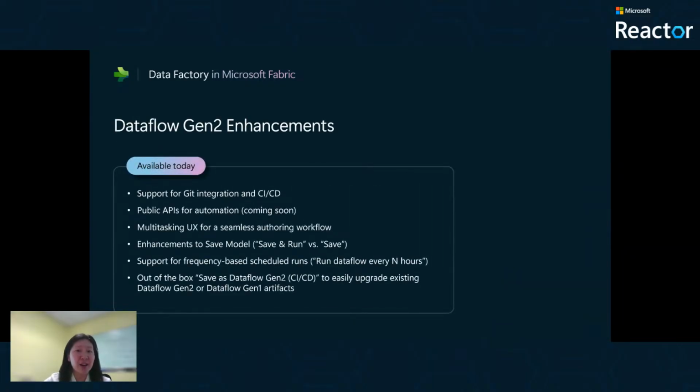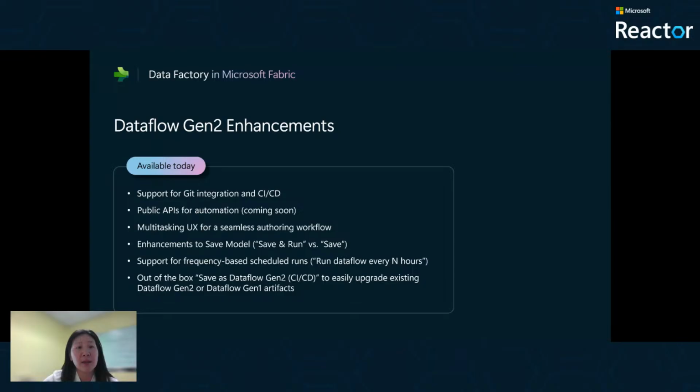So here are the Dataflow Gen 2 enhancements which are available today. You will see currently Dataflow Gen 2 is supported for Git integration and CI/CD, and public API for automation, which will be coming soon, and a multitasking user experience for a seamless authoring workflow.